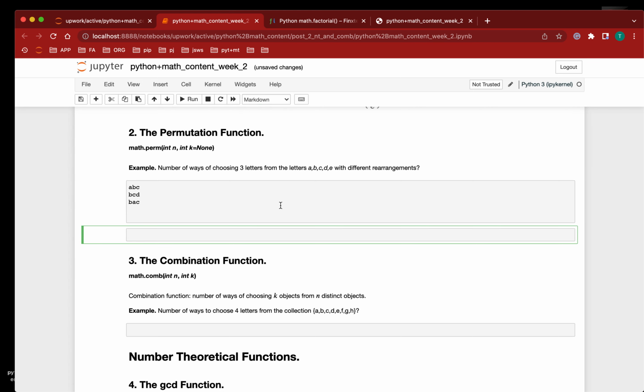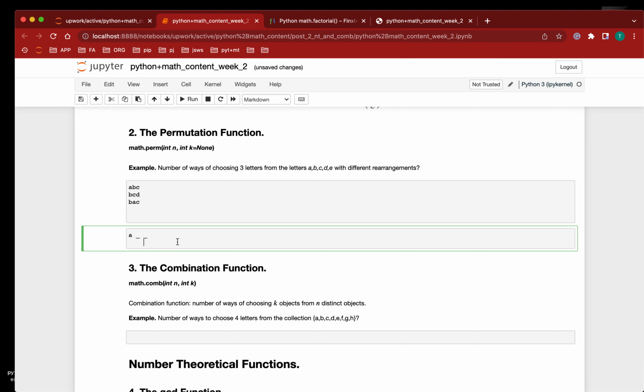So how can we think about this? Well, we can use the same idea we did before and write down the rearrangements in a tree. We can first write down the rearrangements with A at front. And what are the ways of doing that?